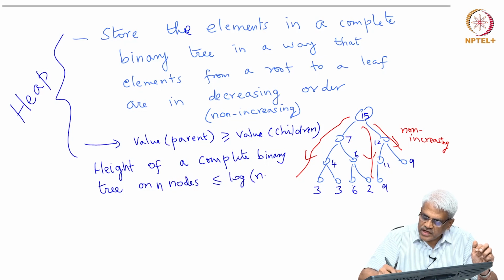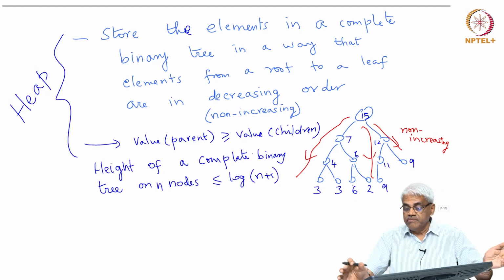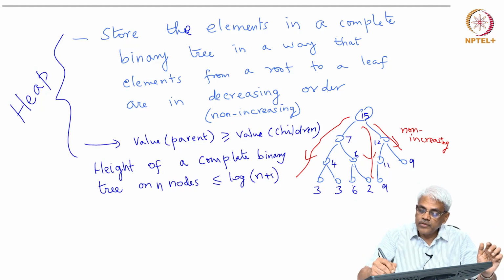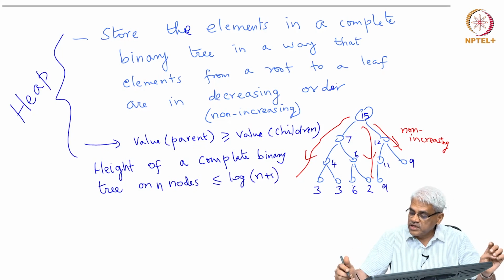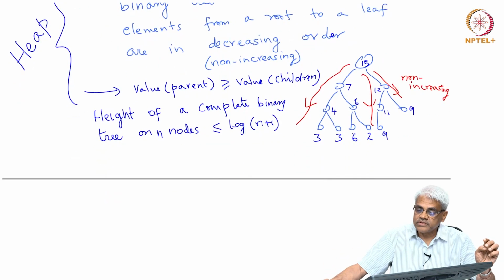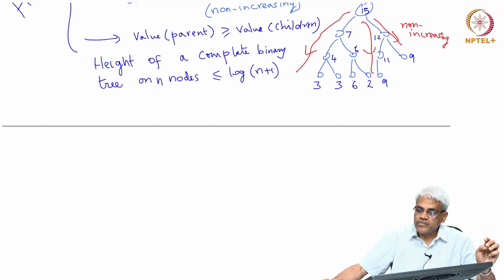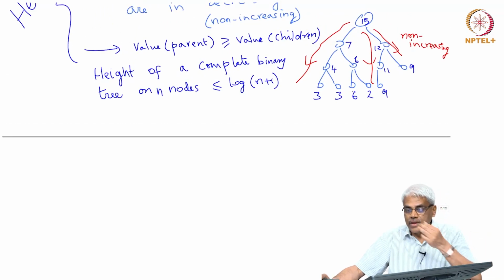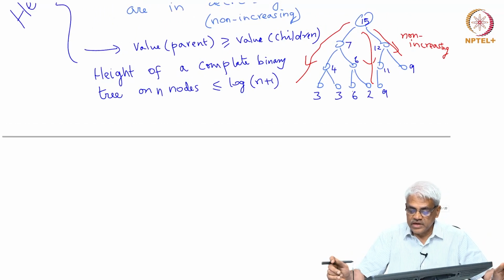This is something we proved last time, and that is what I am going to take advantage of. So it is a nice bushy tree. Now I am going to tell you how to do my insertion and delete max operation. Let us keep this picture in mind.